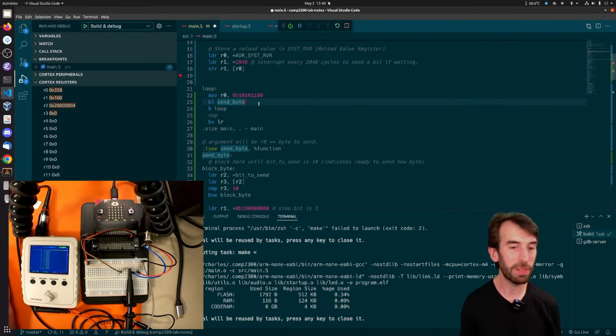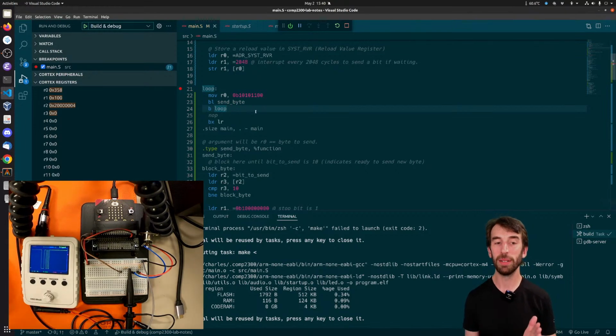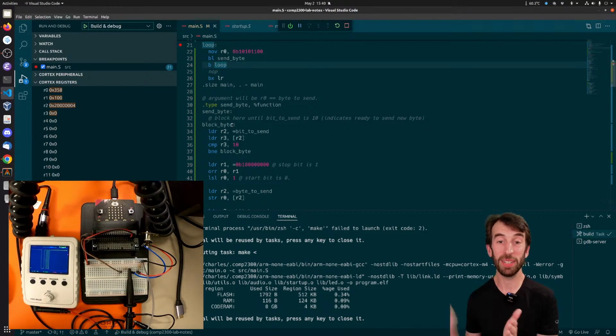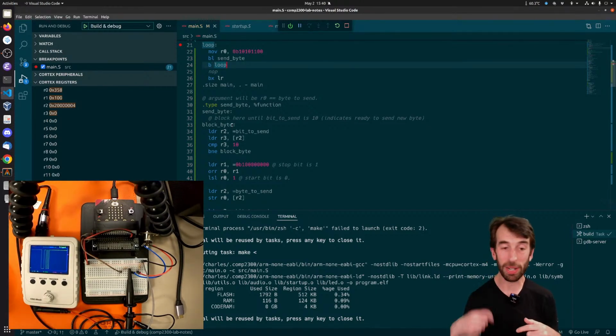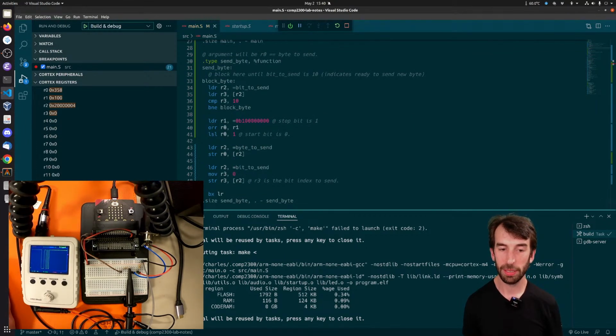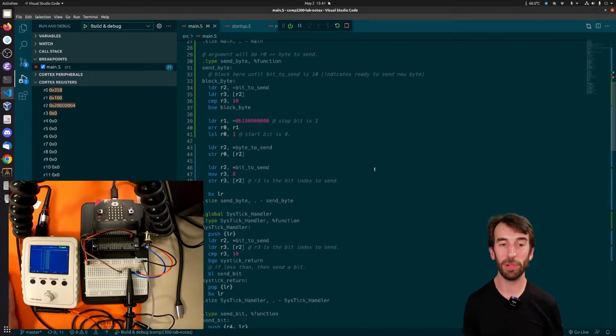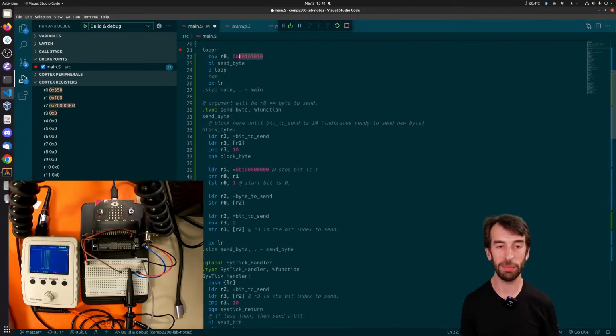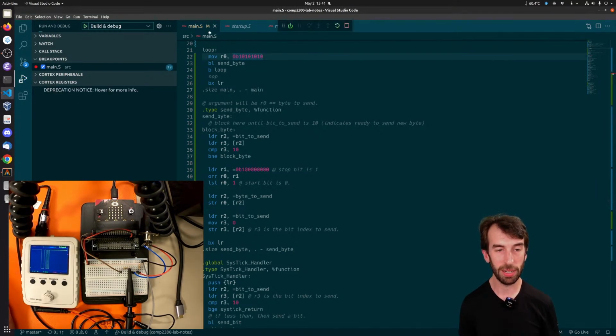So I can do this without worrying, because I know that my program is not going to be able to send more bits until the previous bits have been sent, because my timer is running, getting those bits onto the wire, and it's not going to try to overwrite that byte until we get to the whole of that byte being sent out, including the start and stop bit, all of those 10 little signals.